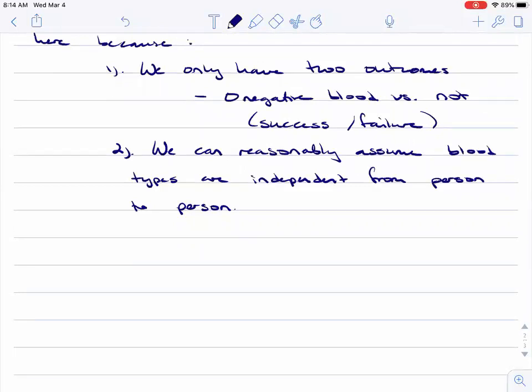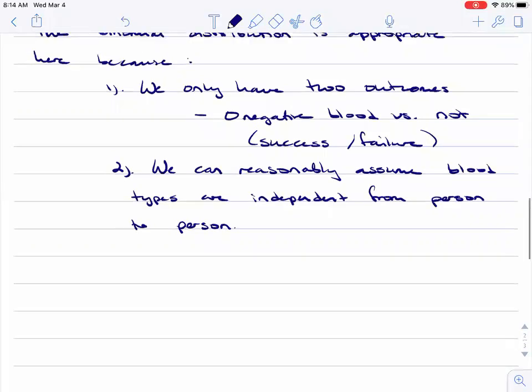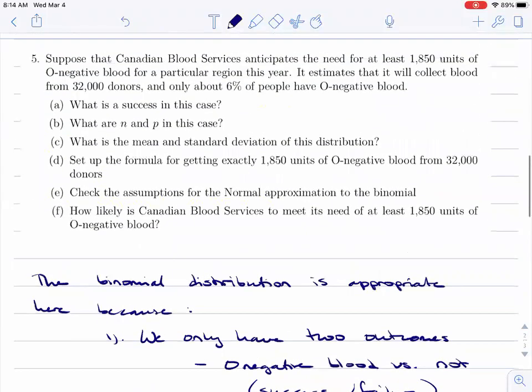Okay, so we've decided that we've got a binomial distribution. We can model these probabilities with a binomial. So now, if it wasn't part of the parts here, we would try to identify what we are going to consider a success, and then how many trials do we have and what's the probability of a success? All these things would be given in the problem.